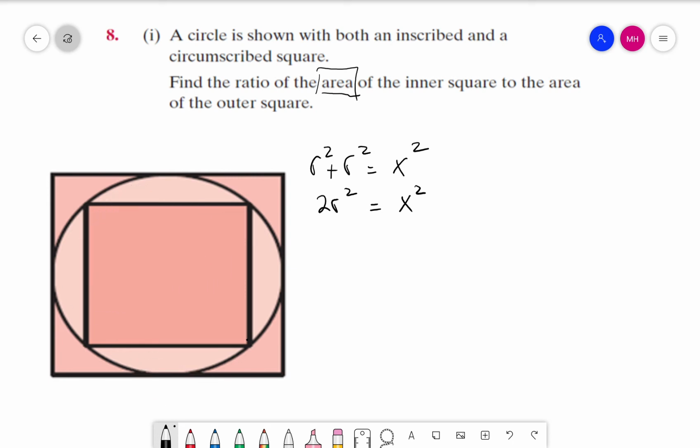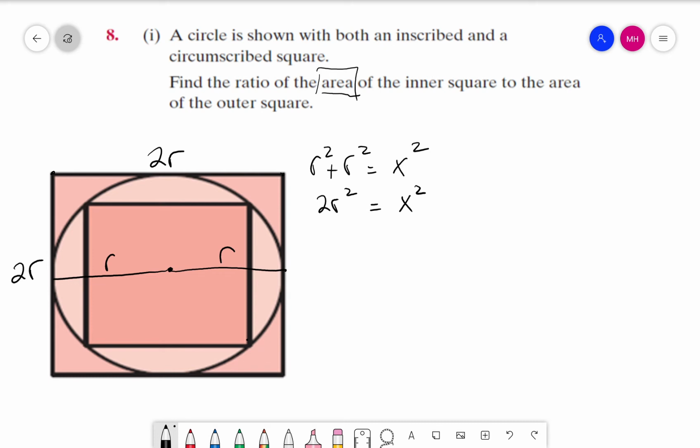Fair enough, fairly straightforward. Now, the area of the big square is going to be that distance there plus that distance there. So you've got r plus r. This side from here to here is actually 2r.